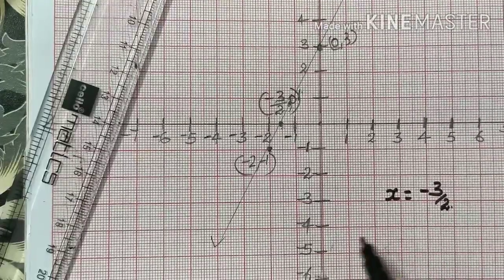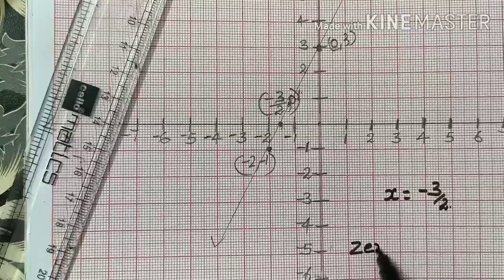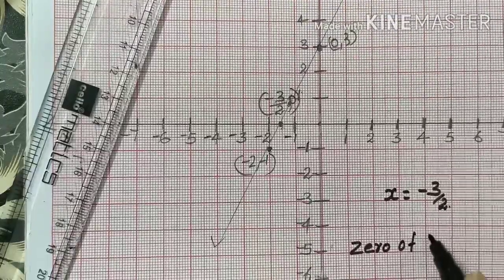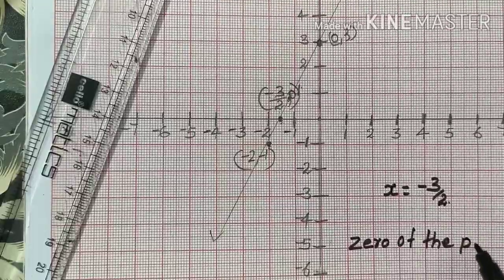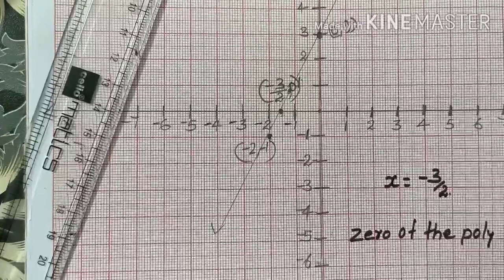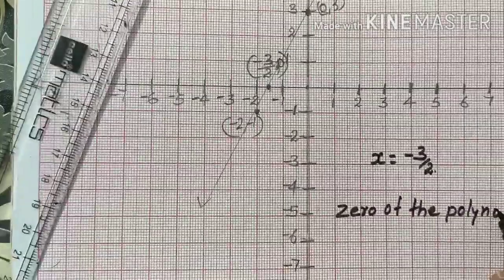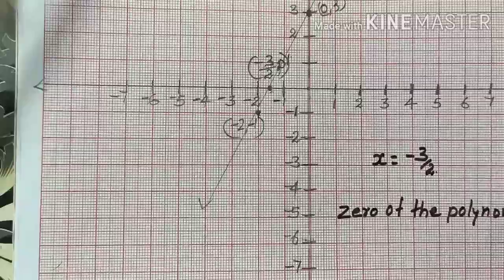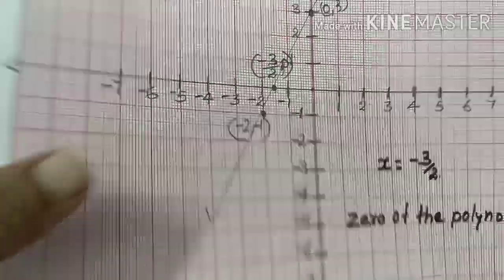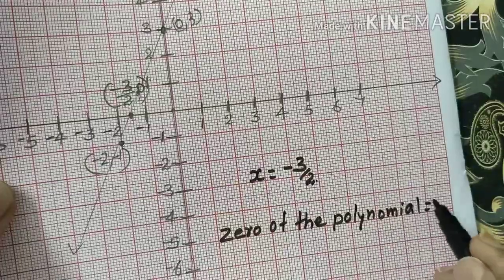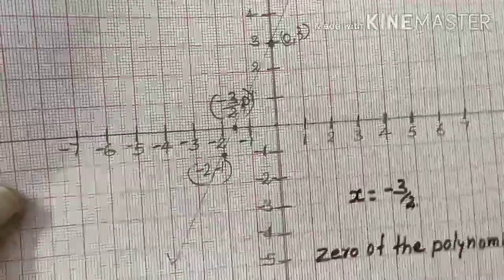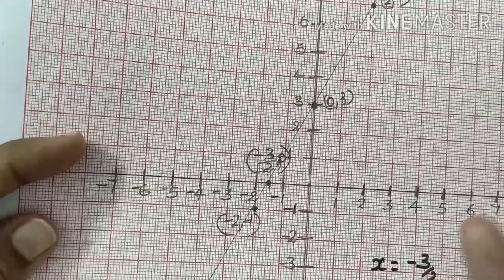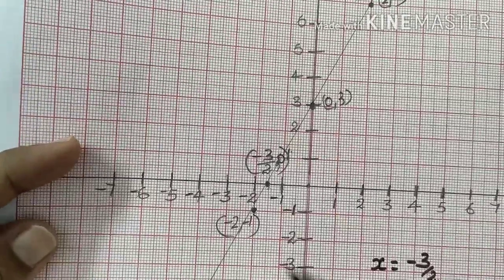So what is the 0 of the polynomial? The 0 of the polynomial is equal to minus 3 by 2. In this way, by graphical representation, we can find out the 0 of the polynomial.